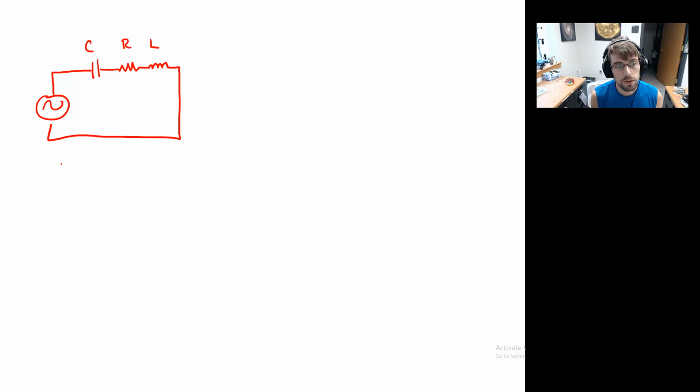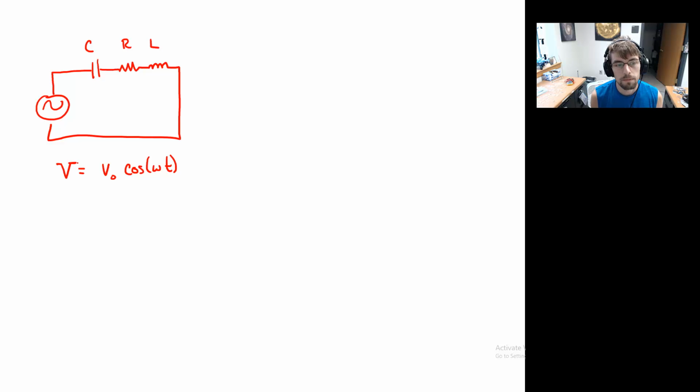So we have an AC supply. We'll call it voltage, that's fine. And let's go ahead and put a capacitor, and let's put a resistor in here. Yeah, let's just go for all three. Okay, and we'll give this a C, this an R, and this an L. And we'll say that the potential is some amplitude cosine of omega t.